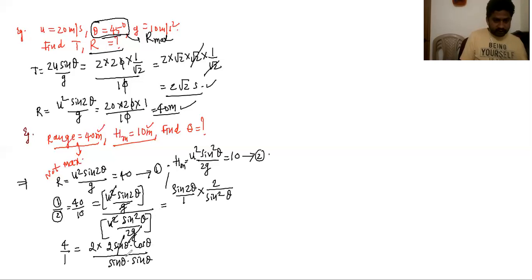So here sine theta cancels, and this is 4 into cos theta by sine theta, which is cot theta, which is 1 by tan theta.